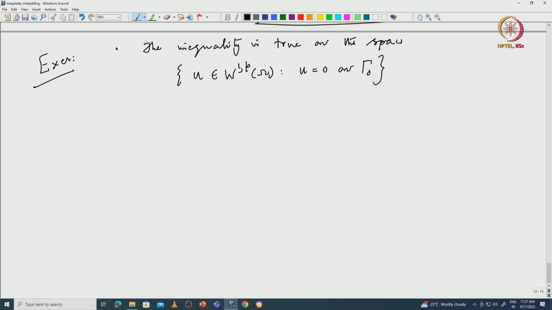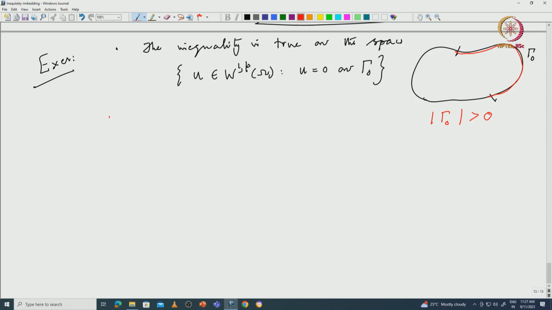So you have a domain omega and a part of its boundary, gamma naught. It should be 0, not almost everywhere. Even if it is a small boundary, if the trace value is 0, you have your inequality. Gamma naught can be anything with non-trivial measure.